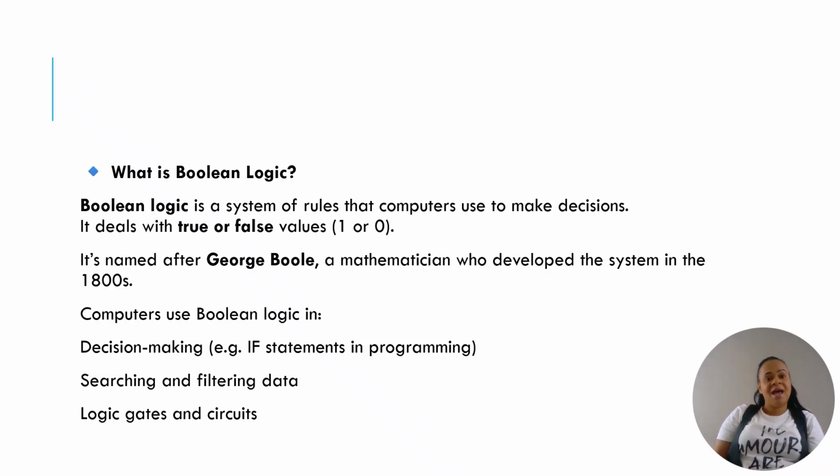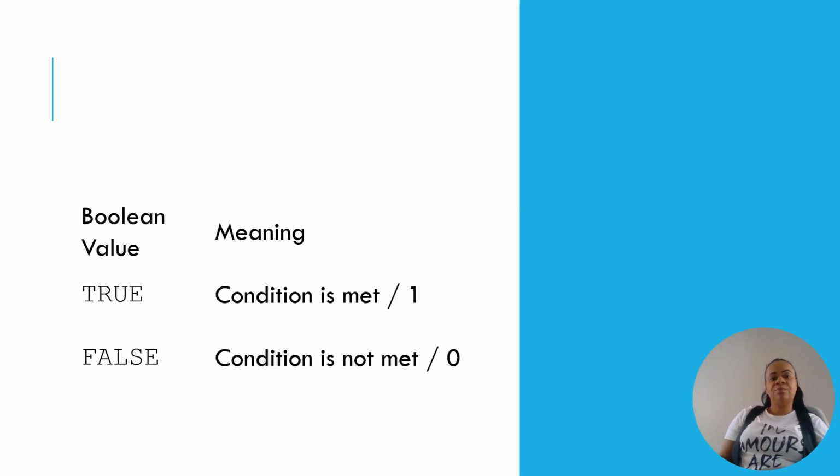Okay, so computers use Boolean logic in decision making. For example, the if statements in programming, searching and filtering data, and it's also used for logic gates and circuits. So we've just discussed the Boolean zeros and ones.